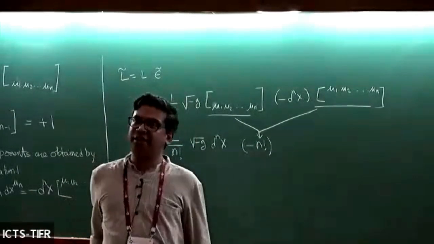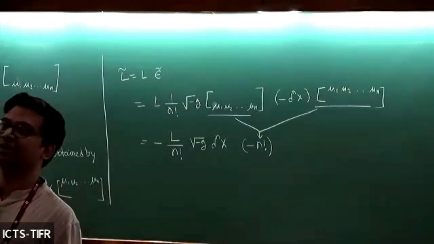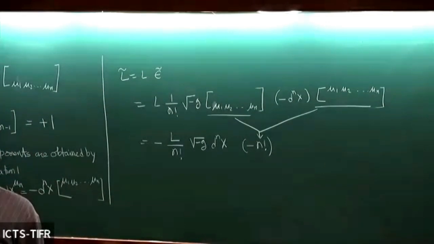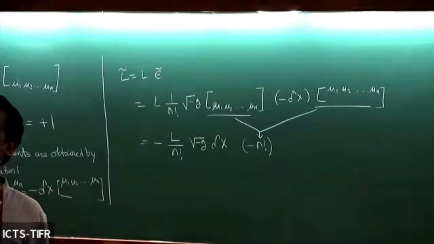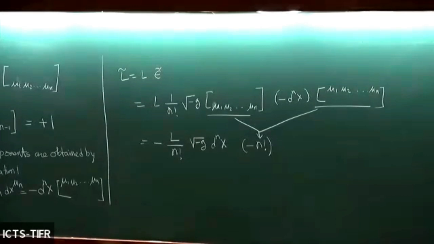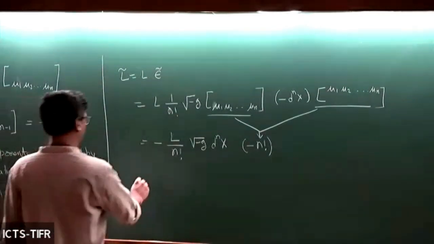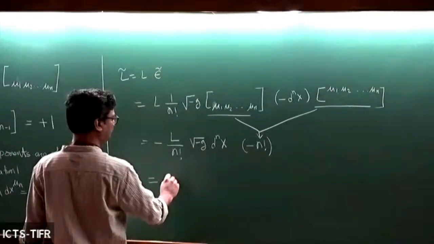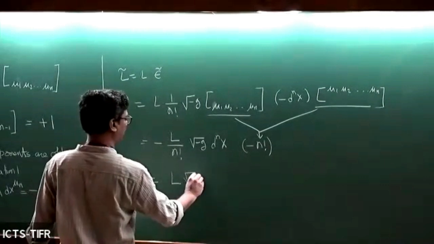The best way to check it is to express these tensors in the form of deltas in 2 or 3 dimensions, like in 4 dimensions or 5 dimensions, and try to see whether this normalization works. And therefore what you have is nothing but L square root of minus g.